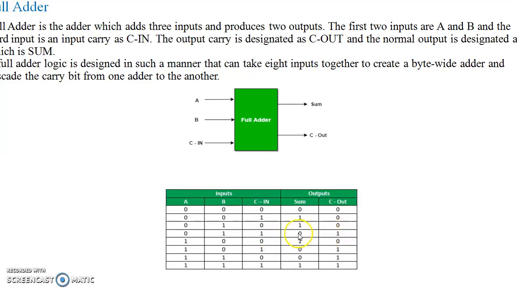For this one the possible combination is A bar B Cin. Next, A B bar Cin. Next, A B Cin bar. Next, A B Cin.